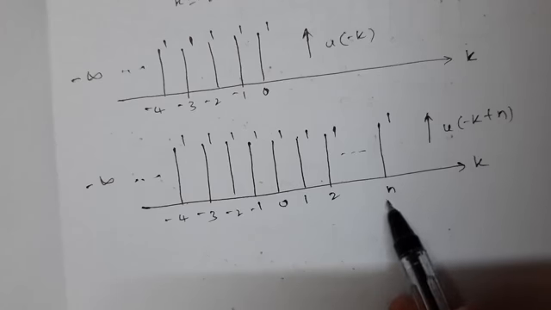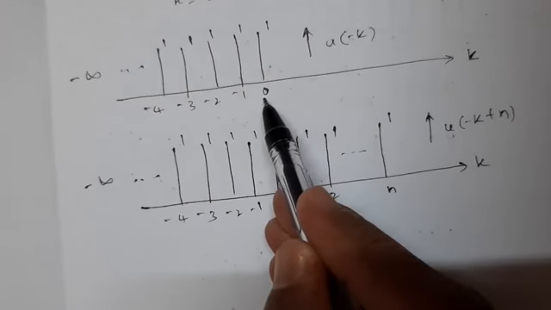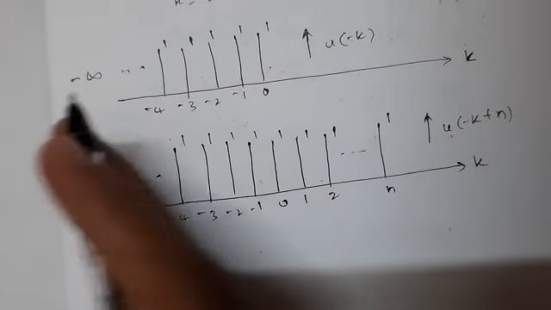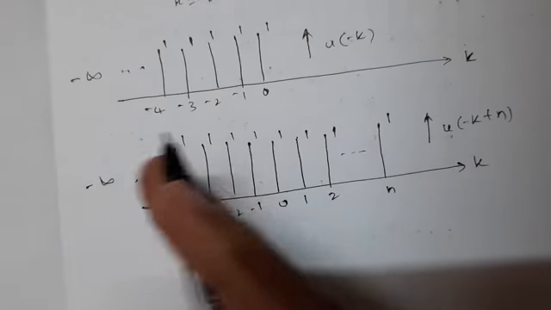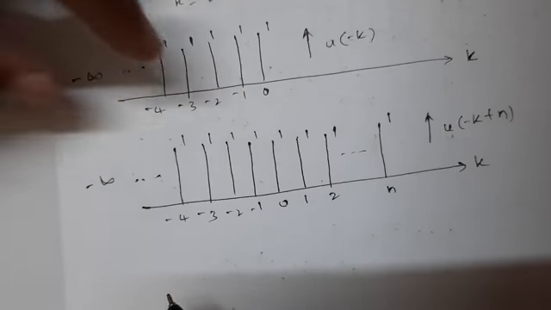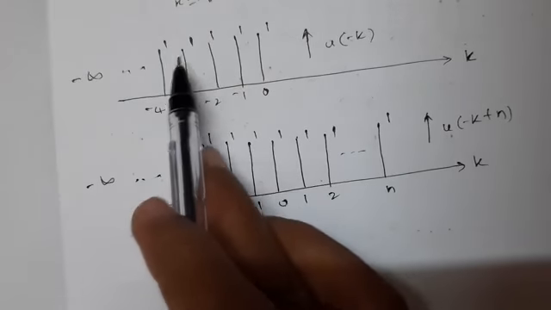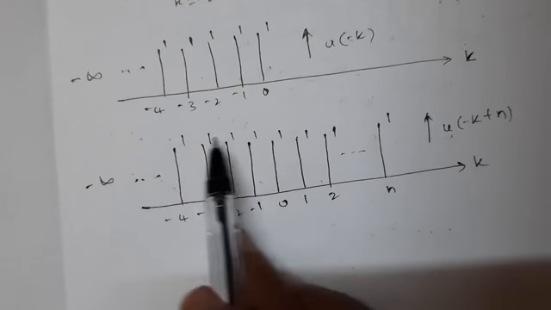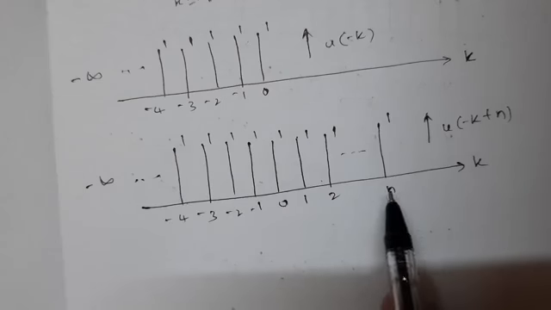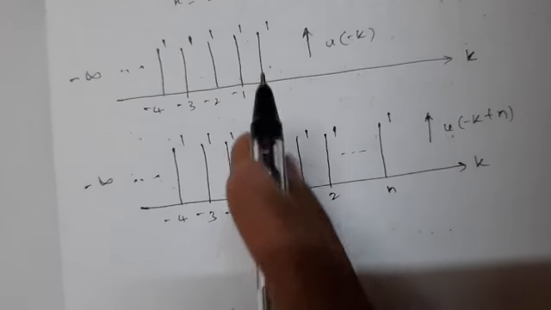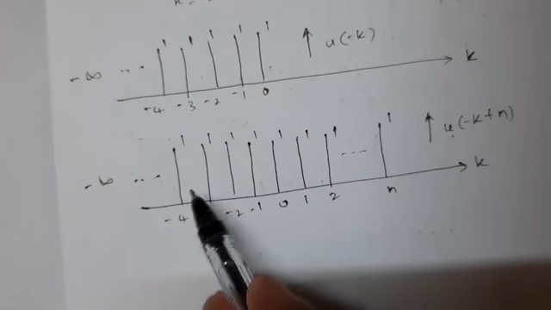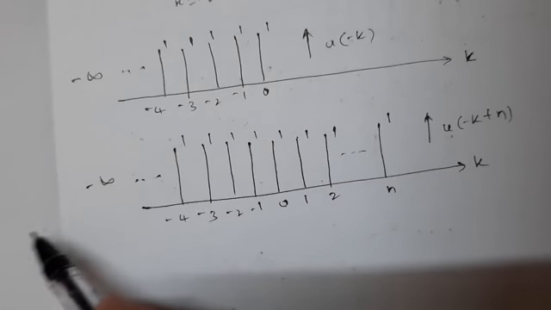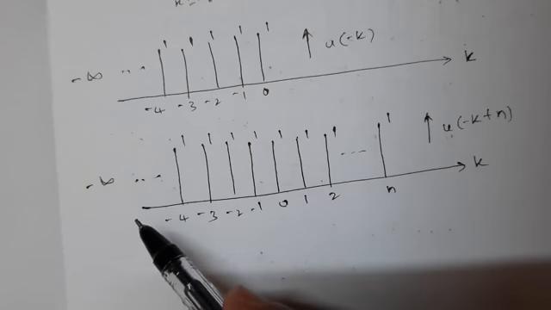Okay, so you can check it. When n is less than 0, it means these values shift towards the left. If they shift towards the left, there are always samples for u of minus k which get multiplied with these samples. That is for n less than 0, if you pull this signal towards the left side, then there are some samples which get multiplied.